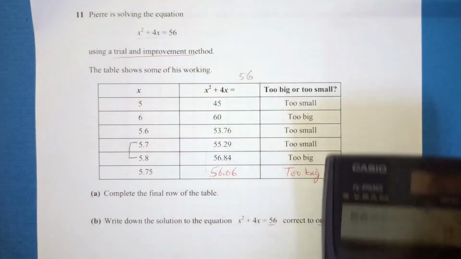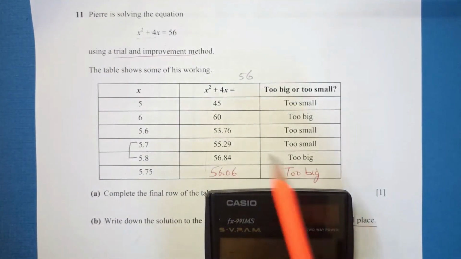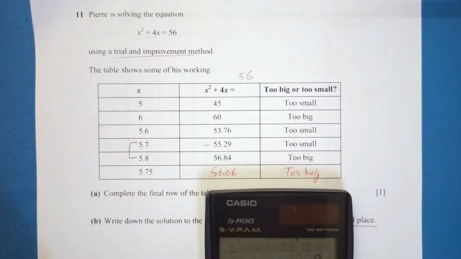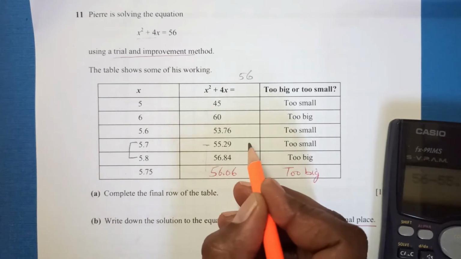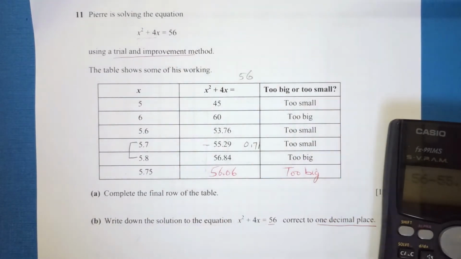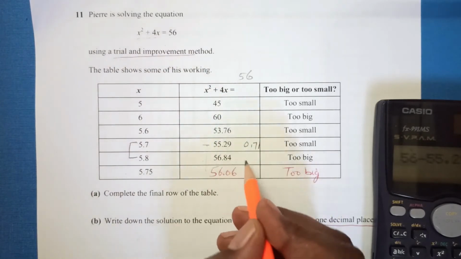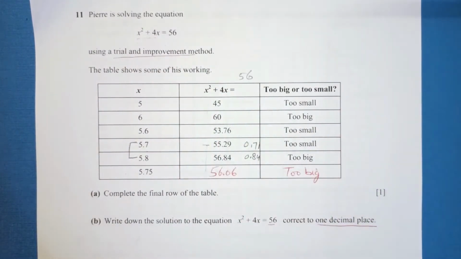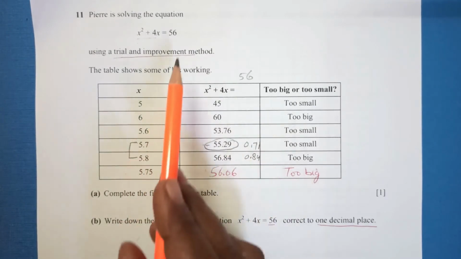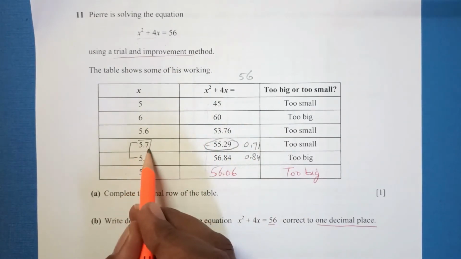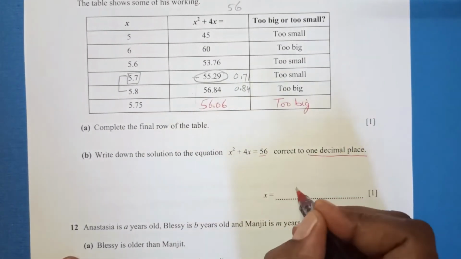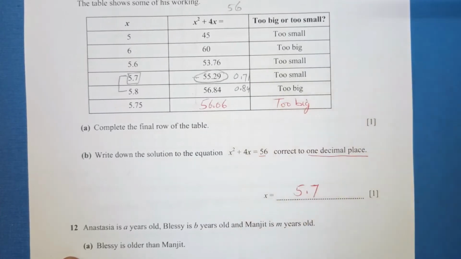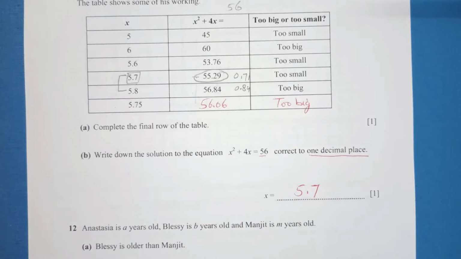For 5.7, 55.29, the difference from 56 is 0.71, and the other one is 56.84, a difference of 0.84. The first one is nearer. So the final answer here is 5.7. Question number 12.